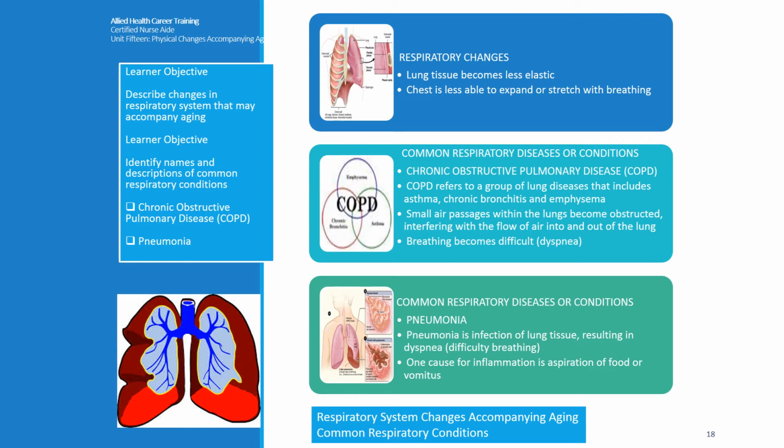Otherwise, you may get the aspiration, and then if you get food or fluids down into the lungs, it can cause an infection because that stuff's not supposed to be there. So then your body's going to say, hey, you need to go, buddy. And it's going to send all of its forces in to cause an infection that will fight against that foreign substance. And then you're going to get really sick with pneumonia.